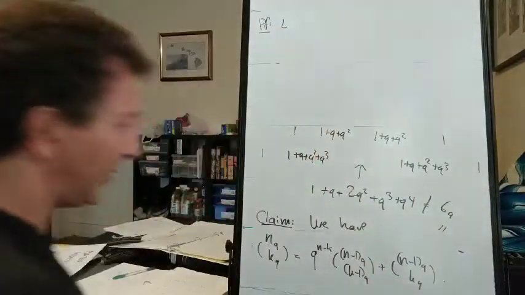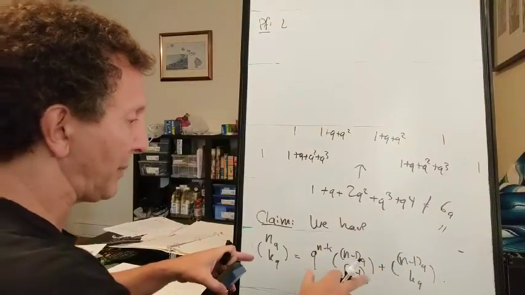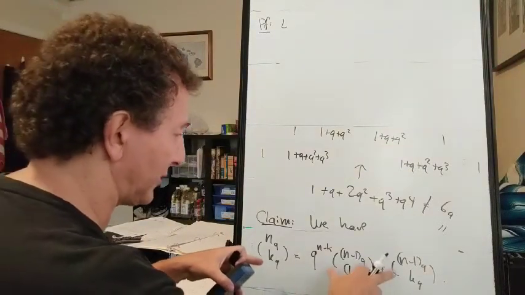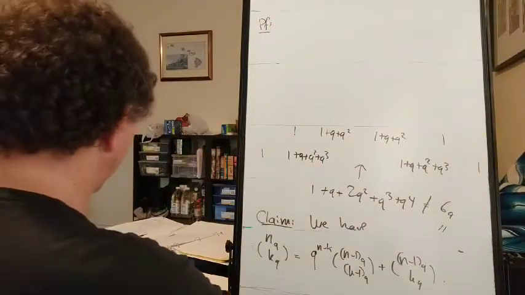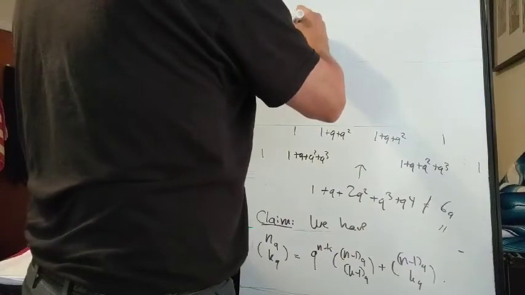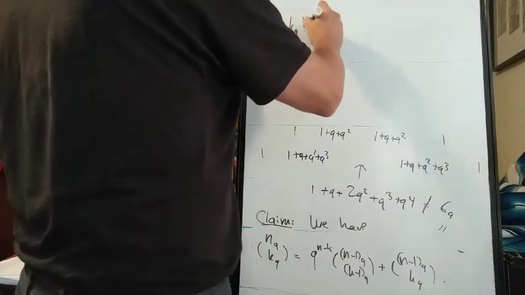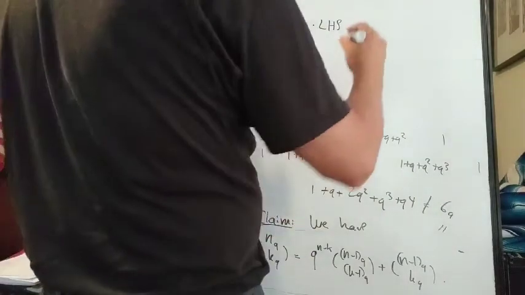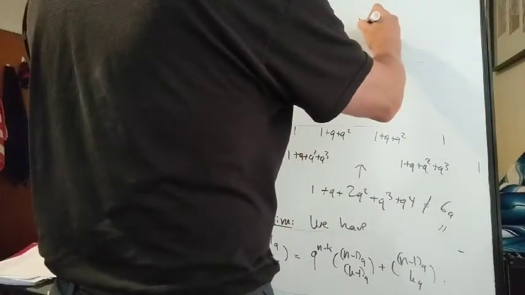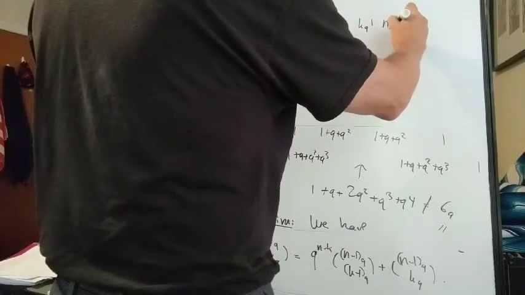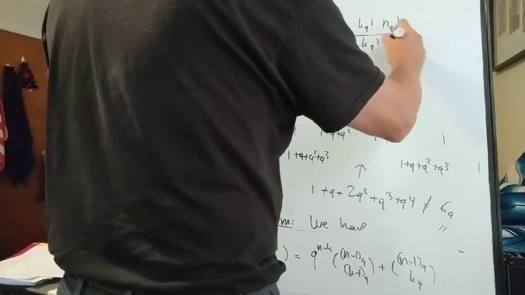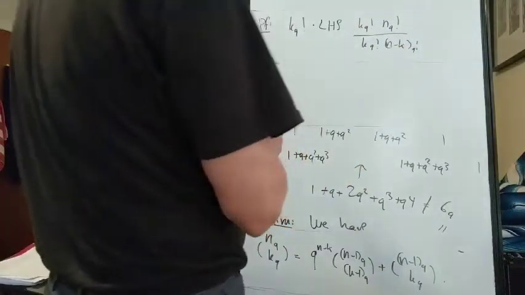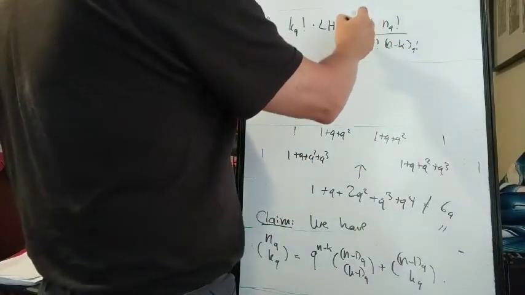So actually it will be convenient if we multiply both sides by quantum k factorial. So let's look at quantum k factorial times the left-hand side. So that is quantum k factorial times quantum n factorial over quantum k factorial quantum n minus k factorial. These cancel.